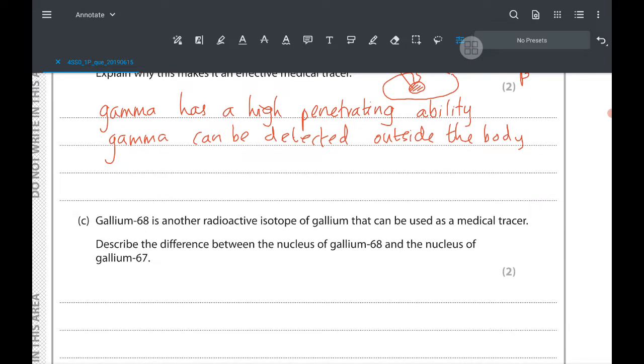Next question. Gallium-68 is another radioactive isotope of gallium that can be used as a medical tracer. Describe the difference between the nucleus of gallium-68 and the nucleus of gallium-67. You can see that the mass number is different. So how can the mass number be different? It's simply because the number of neutrons is different.